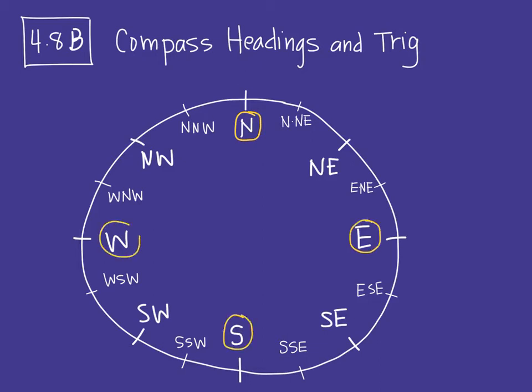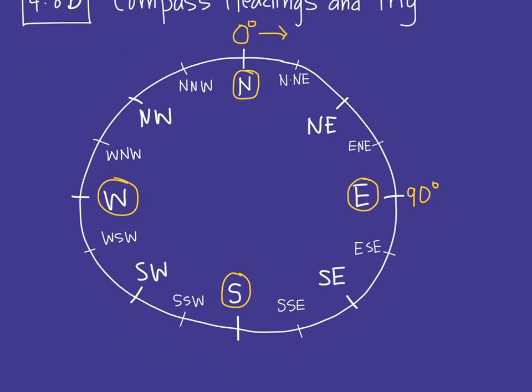Okay, each of these headings on a compass, I'm going to circle the main ones. The main ones are worth 90 degrees. 0 is always at north. So that's what I'm going to put on the outside of my compass. That would be where 0 degrees is. And then you count in a clockwise direction, so 90 degrees is east, 180 degrees is south, 270 is west.